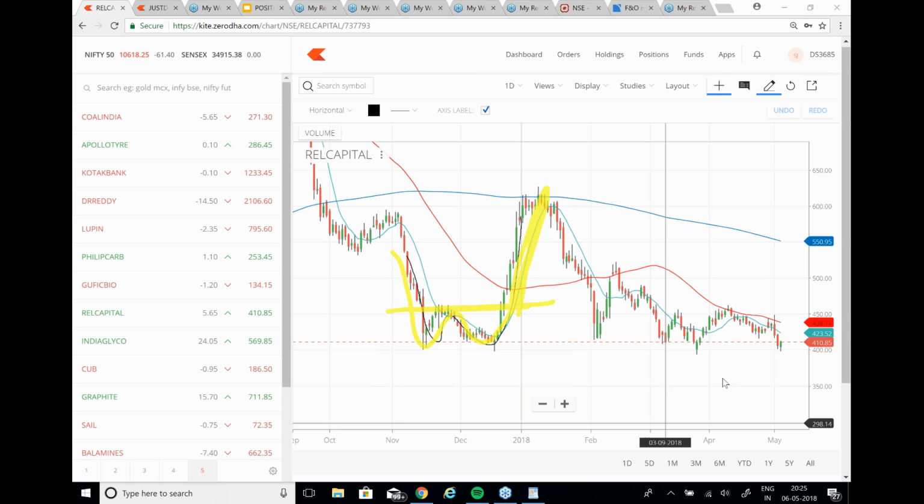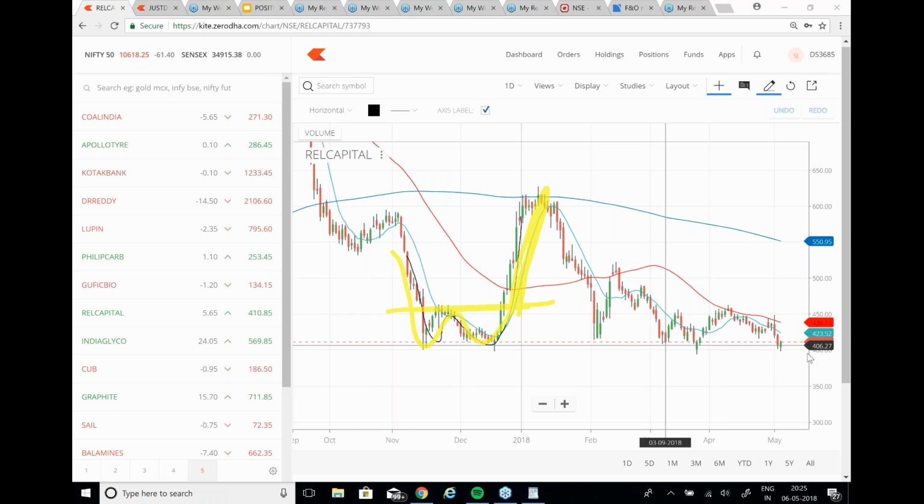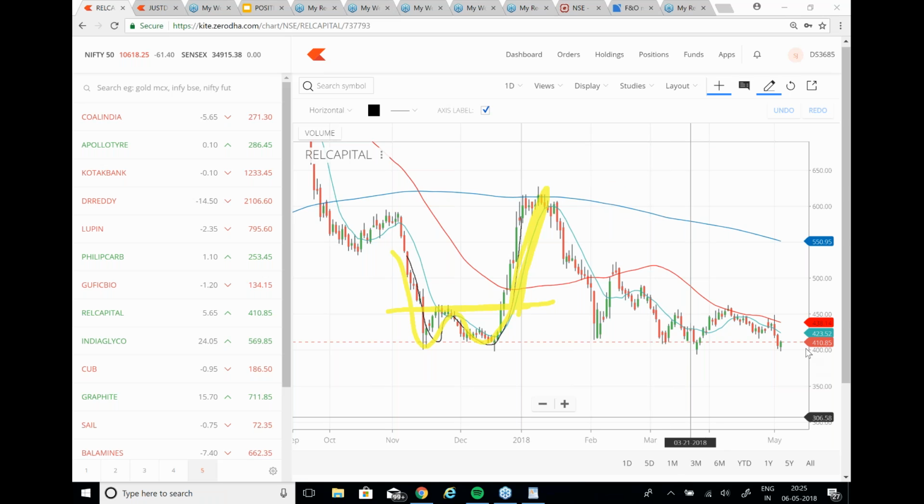Let's see from where to where. It gave a buy at 456, and it went up about 150 points. It's a huge momentum for a futures stock.